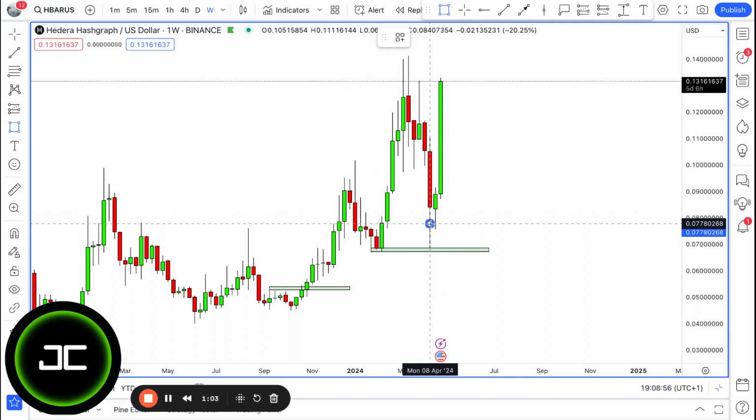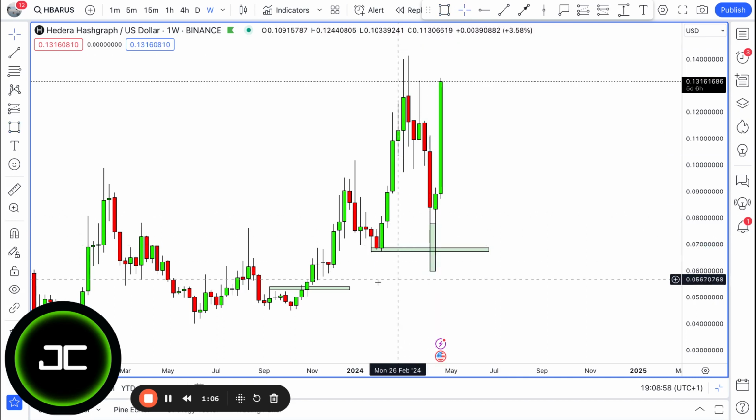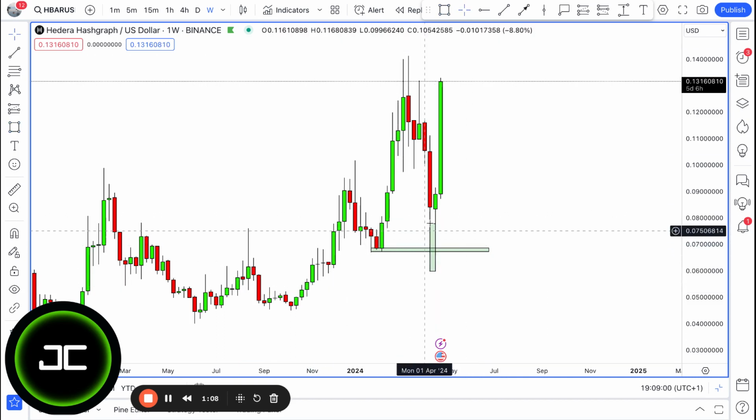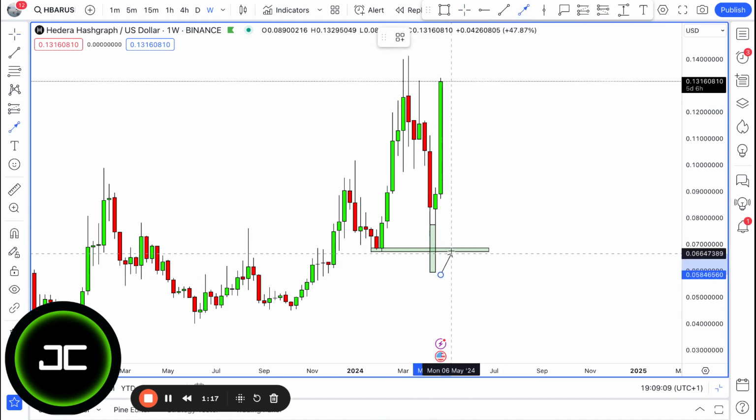If, let's say, a 4H candle, let me just delete that there. If this 4H candle, for example, had broke and closed below this structure like so, then of course I would have been looking at a more sell bias market.